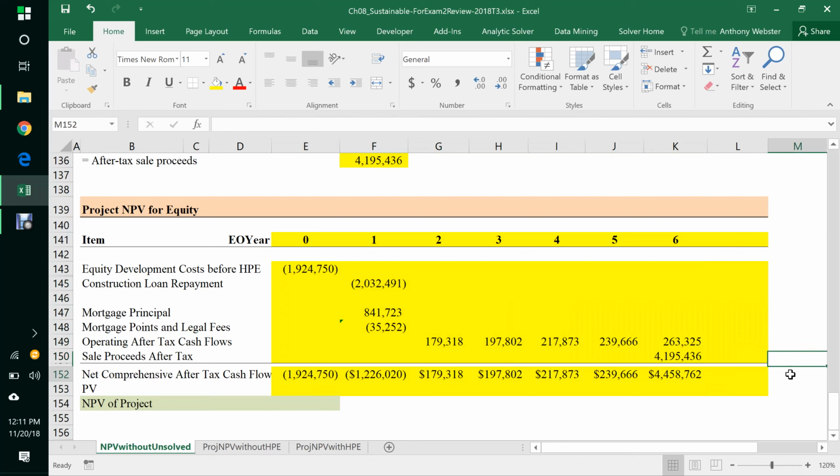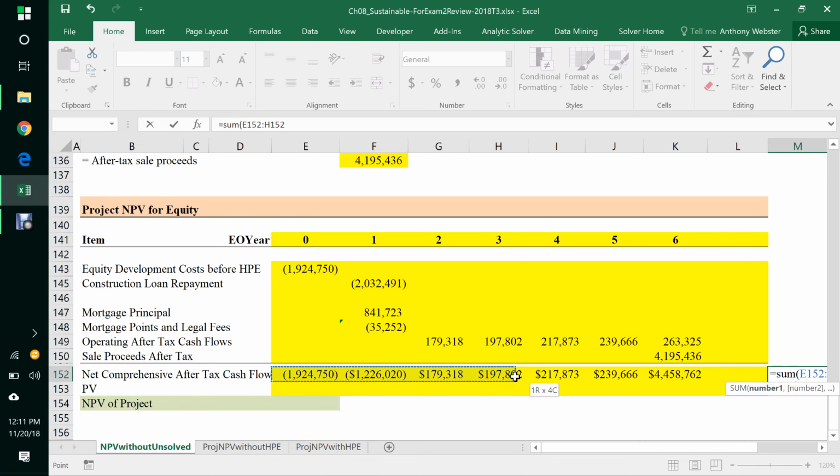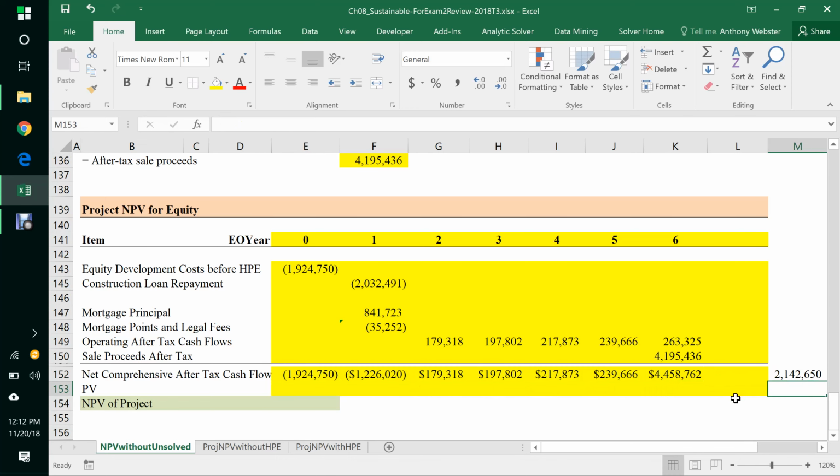What I like to do oftentimes, before I get PVs or do NPVs or IRRs or anything else, is I just add up, without any time value, all my cash flows for the sponsor of this project, or the lender for that matter, and they better be positive, right?